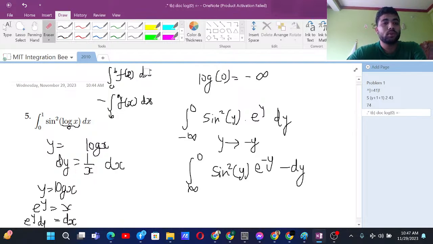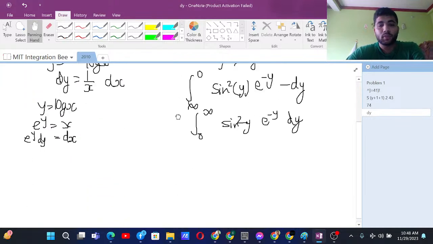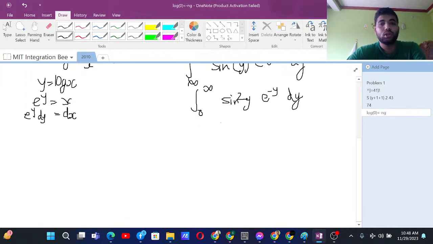If we use this property, we can change this to the integral from 0 to infinity of sine square y e to the power minus y dy, and then we will change sine square y into 1 minus cos 2y by 2.